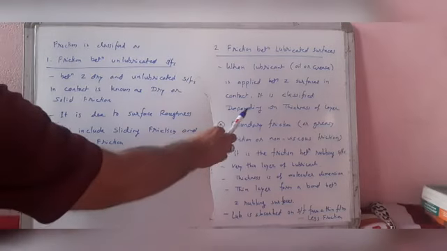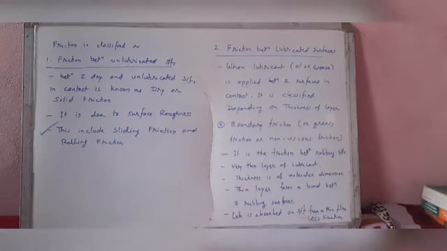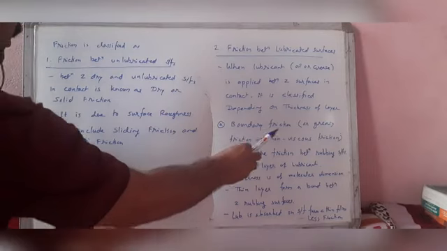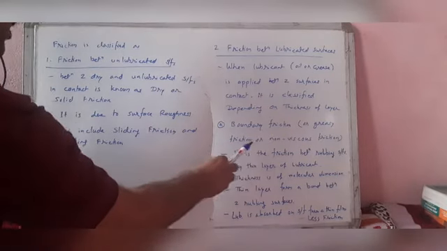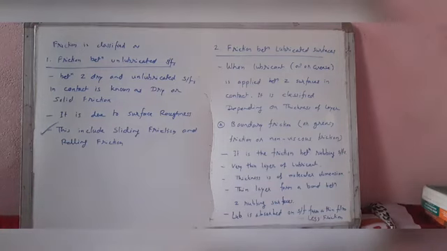It is classified depending on the thickness of the lubricant layer. First is boundary friction, or greasy friction, or non-viscous friction. Here some grease is applied between the two surfaces in contact.